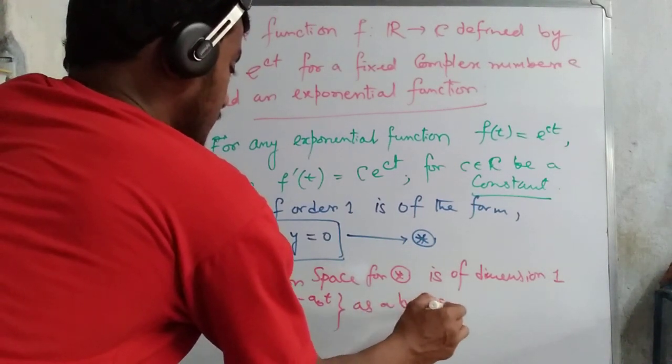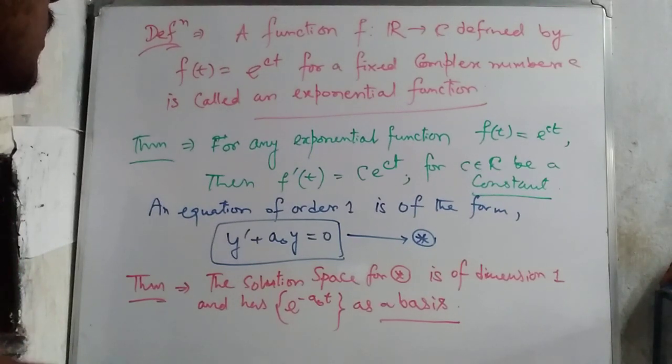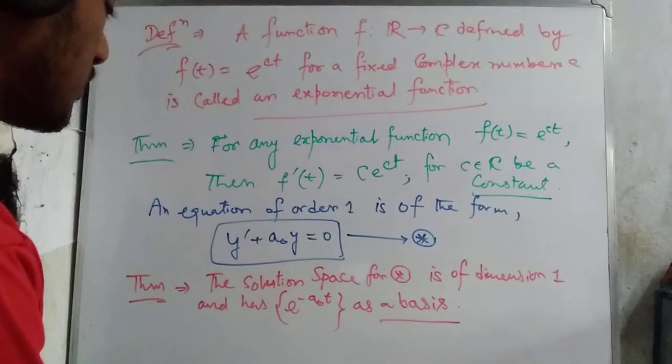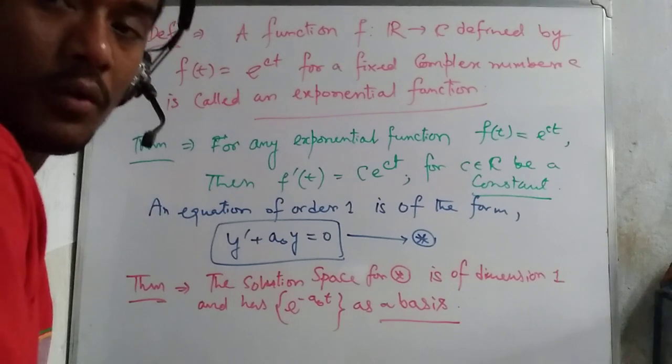Okay, the solution space for star is of dimension 1 and has e to the power minus a0 t as a basis. Now we're going to prove that.